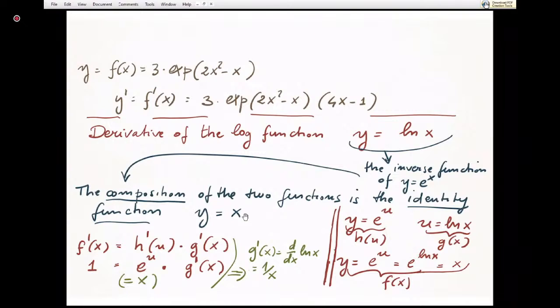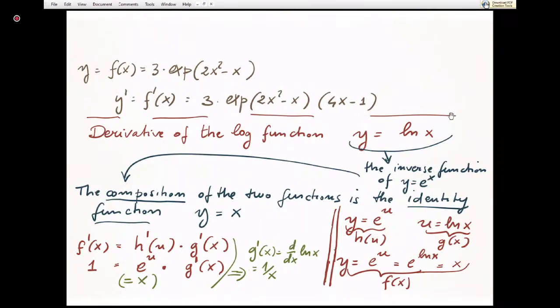Okay? In fact, if you, for instance, take the log of the exponential of x, what do you obtain? X. If you take the exponential of the log of x, you obtain x. This means that the composition of these two functions is x.